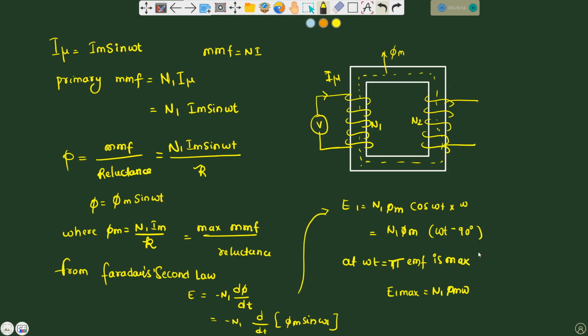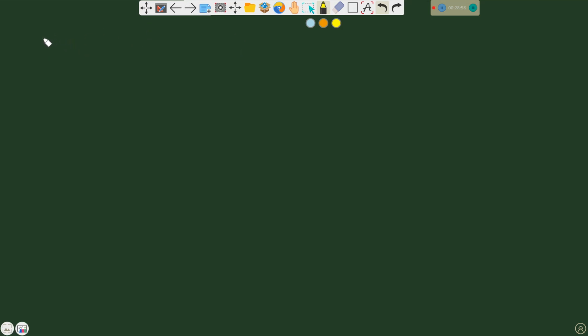RMS value of induced EMF will be E1 equals E max divided by root 2.